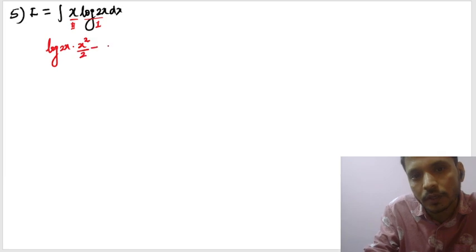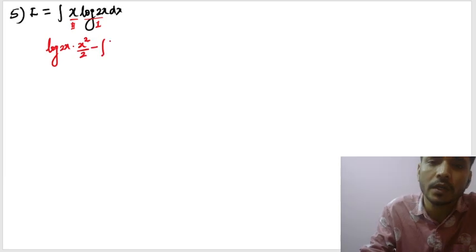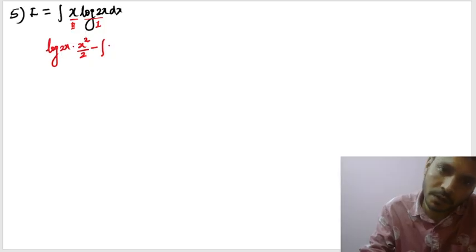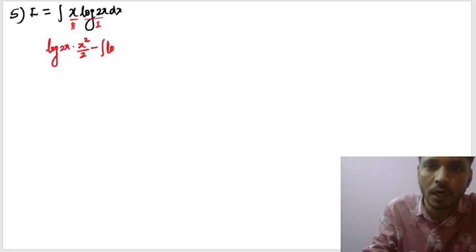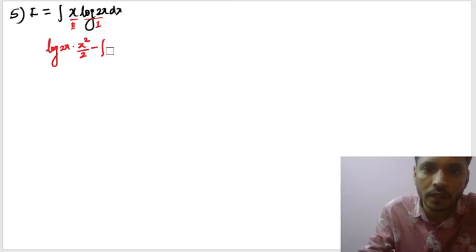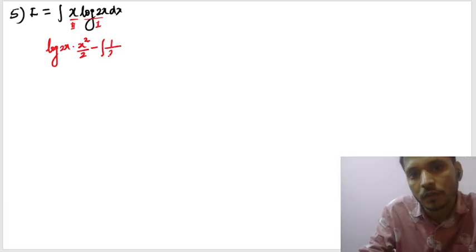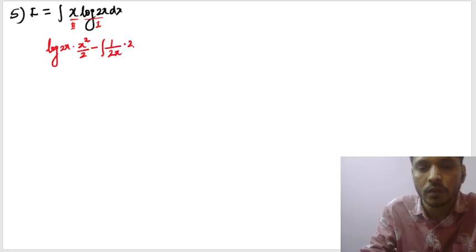here inside integration, derivative of the first function, that is here it is log 2x. So it will become 1 upon 2x, and then by chain rule, differentiation of the 2x is 2.